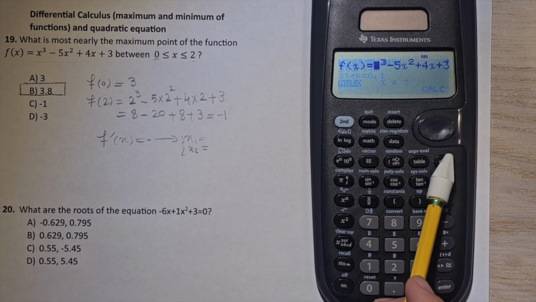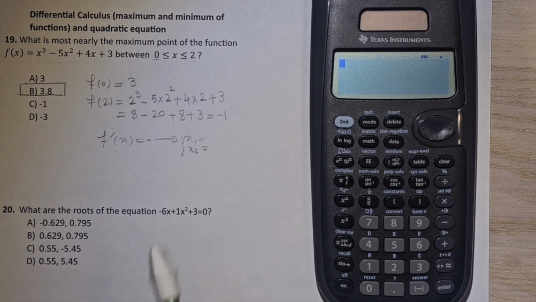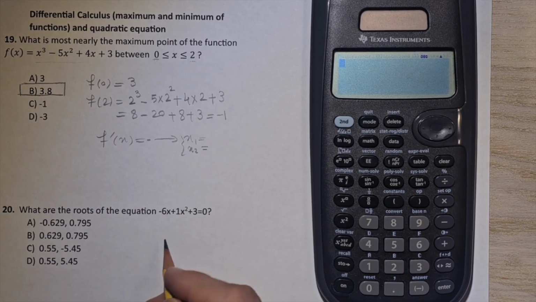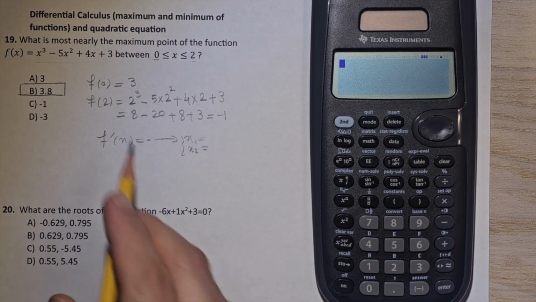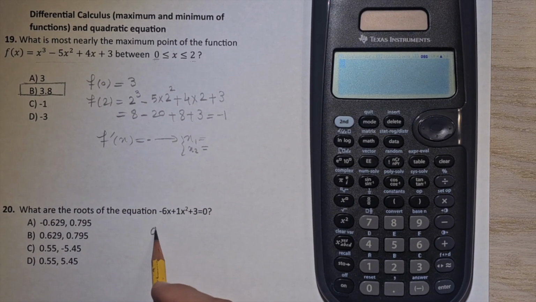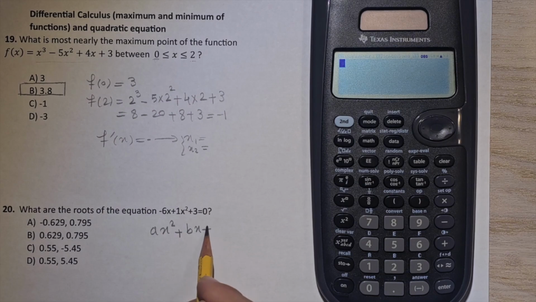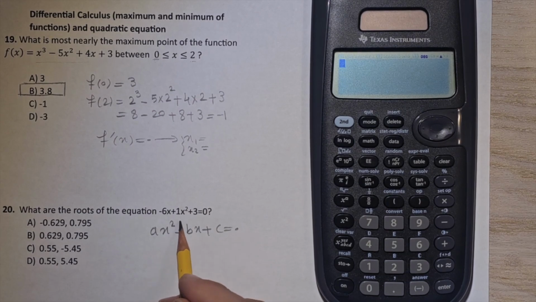However, we should be careful because when we are talking about a quadratic equation, we have ax squared plus bx plus c equals 0. So here the a should be 1, not minus 6.